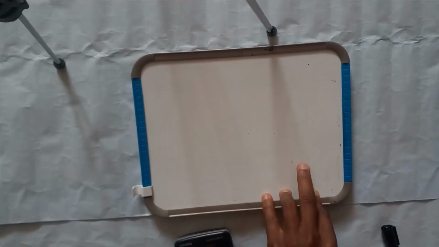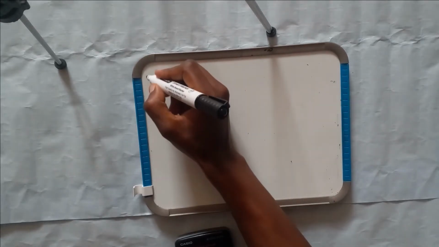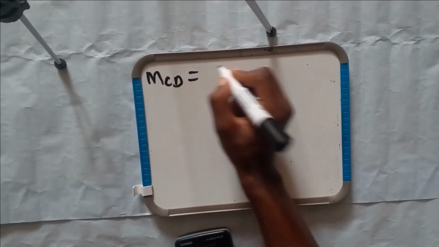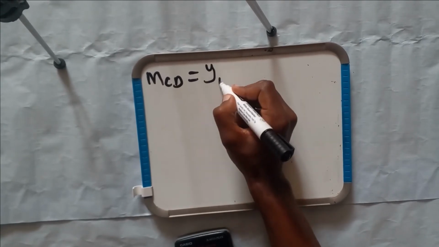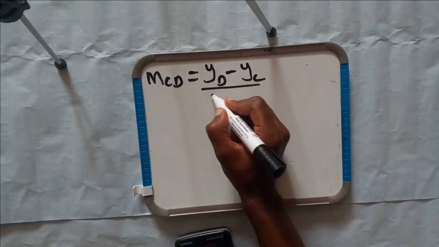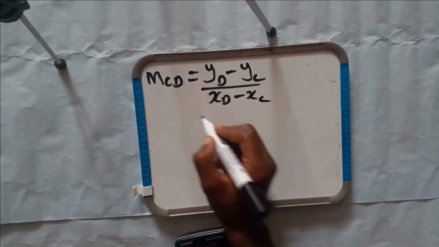Okay, now the gradient of CD, we'll say YD minus YC all over XD minus XC.